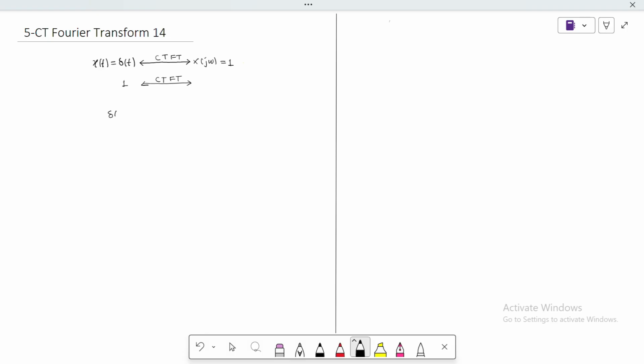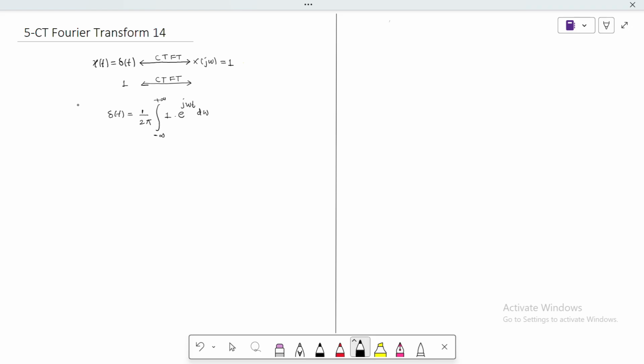The inverse Fourier transform of x of j omega equal to 1 is del of t, equal to 1 by 2 pi integral from minus infinity to plus infinity of 1 into e power j omega t into d omega.